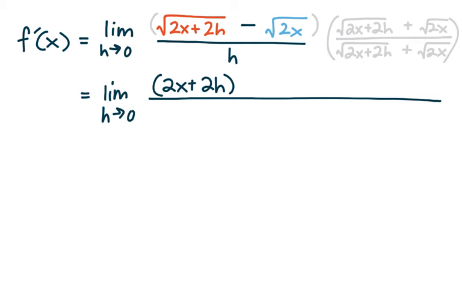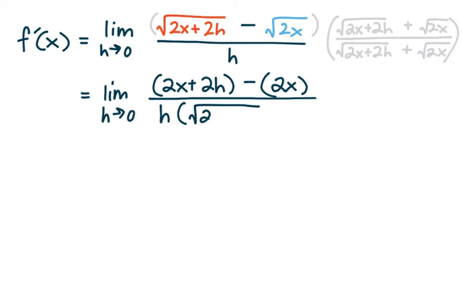And then my last terms, square root of 2x times square root of 2x, that is square root of 2x squared. And the square and the square root cancel out, so I just have 2x. And because it was negative times positive, I have a minus in there. So all of that is over h times the quantity square root of 2x plus 2h plus the square root of 2x. So that's the big trick.